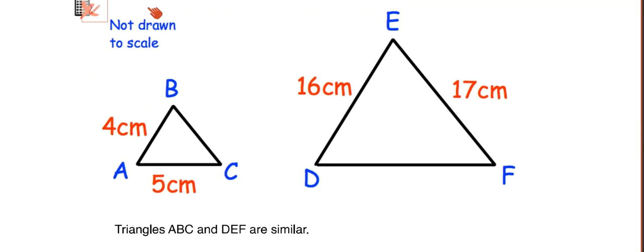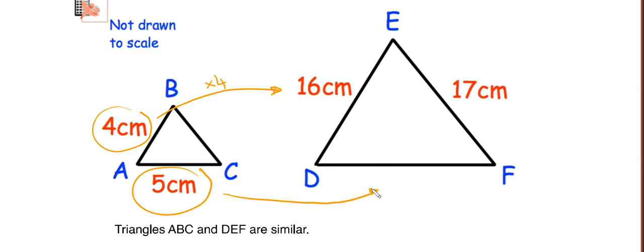Not drawn to scale. That will become apparent in a bit. So we are going to assume that A to B corresponds to D to E. We have to assume that because it's not been told otherwise. So we're going to say that 4 times 4 equals 16. Therefore, 5 times 4 equals 20.